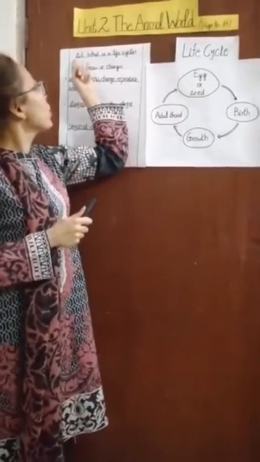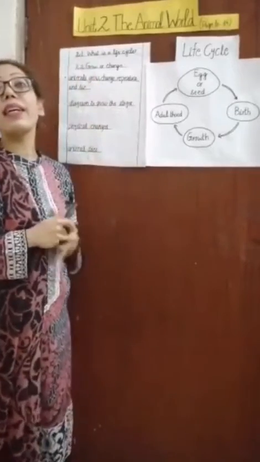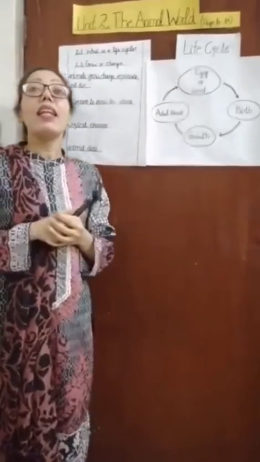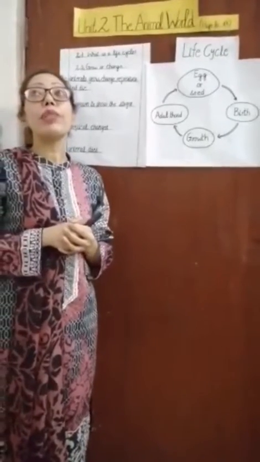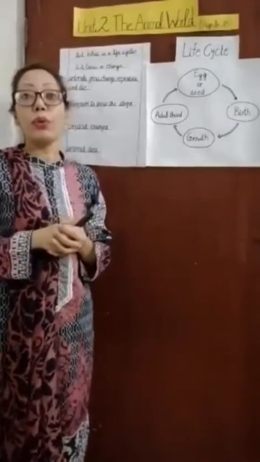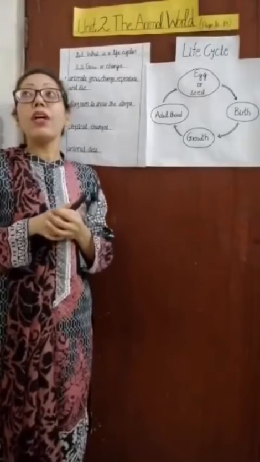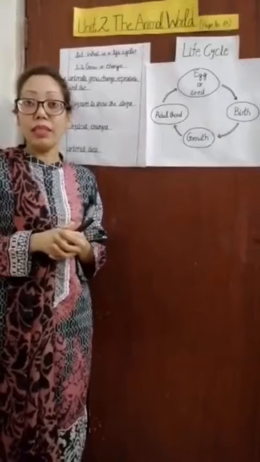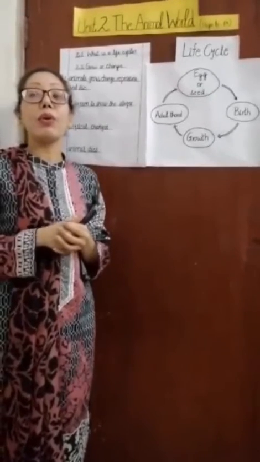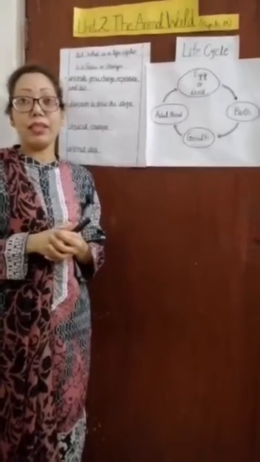First point, 2.1, what is a life cycle? Life cycle: the stages through which animals grow, change, reproduce and die. All animals and plants go through life cycles.